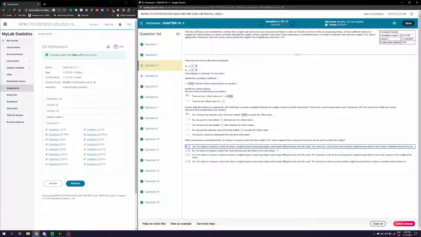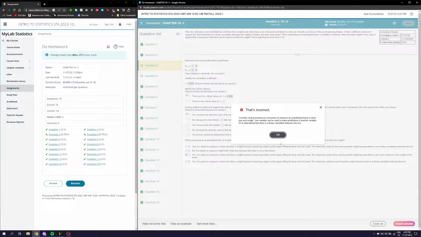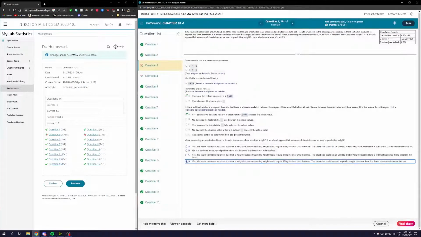That's how it works. The chest size could not be used to. You have to be careful. You want to pick the one that says yes, it is easier to measure chest size, but it could be used to predict weight. Because think about it, however big the chest is, you're going to get an idea of how much the bear weighs. So that's it. Oh, it's the bottom one.